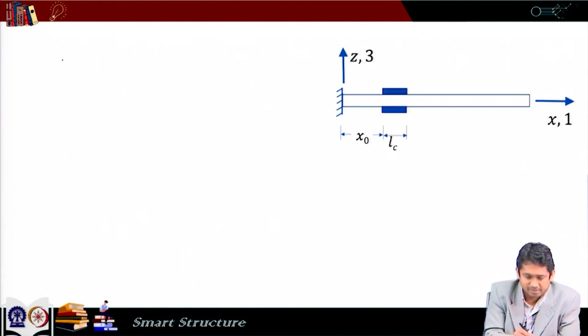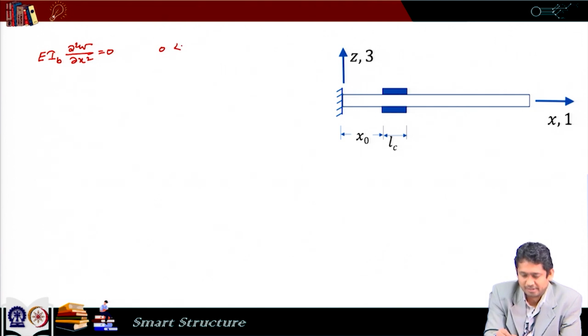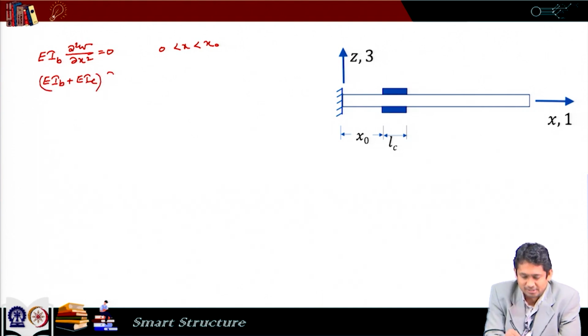So, here the equation that governs is EIB del 2 W by del x2 is equal to 0 when x is greater than 0 and less than x0, and we have EIB plus EIC, again EIC has contribution from both the piezos, del 2 W by del x2 is equal to MP.